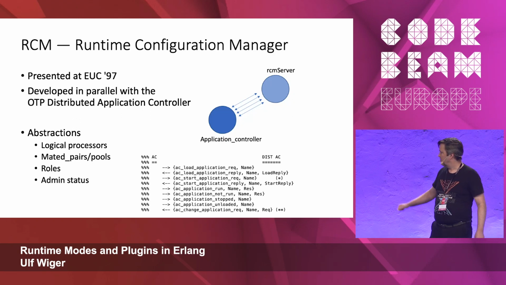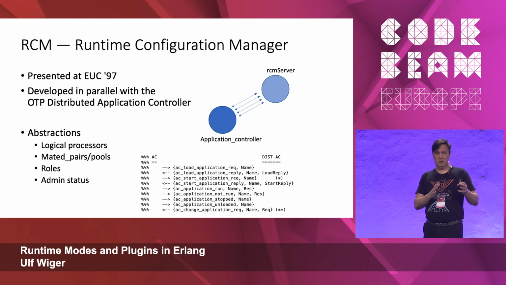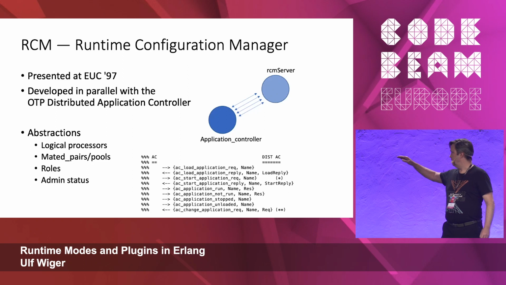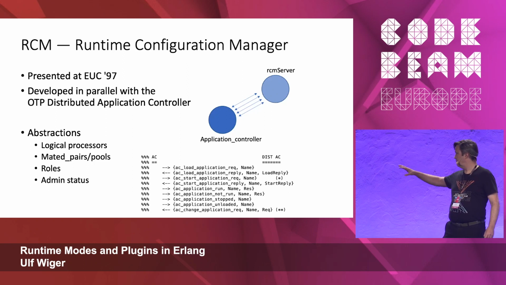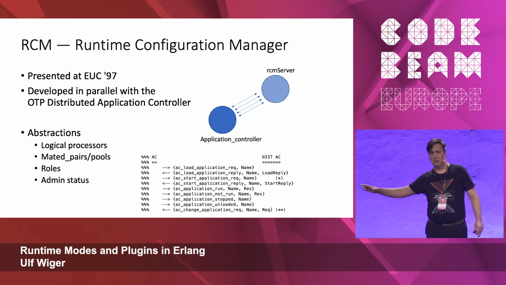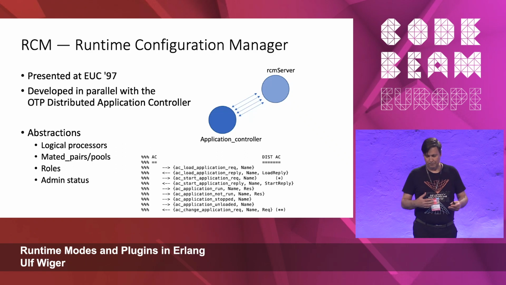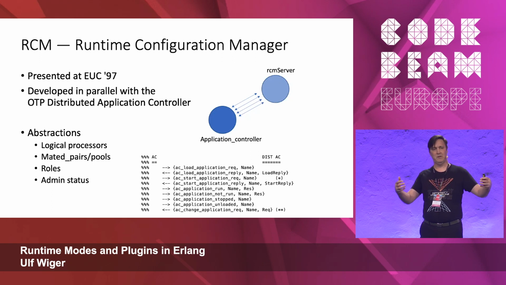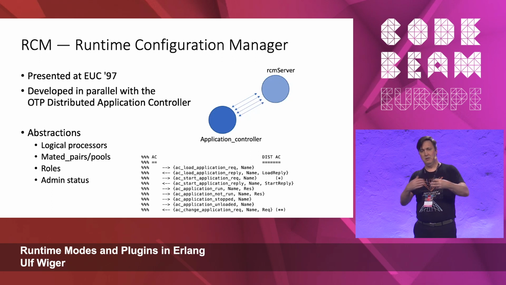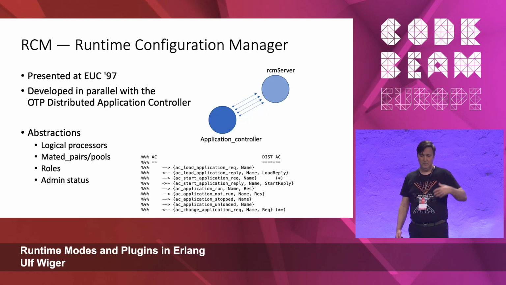It documents a protocol between dist-AC and the application controller, where you have application load requests, application start requests, run, not run commands, and then stopped, unloaded, things like that. And so the way we solved it was RCM would start up and basically take control of the applications and then use this protocol to talk to the application controller.